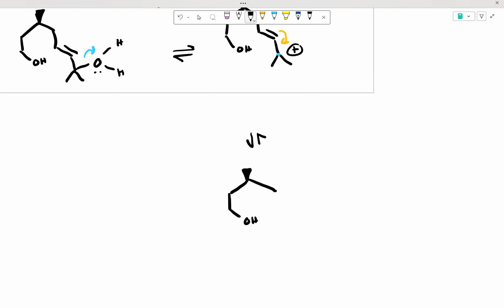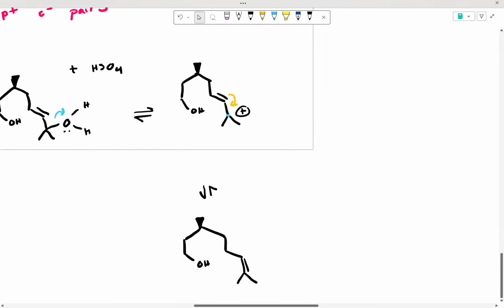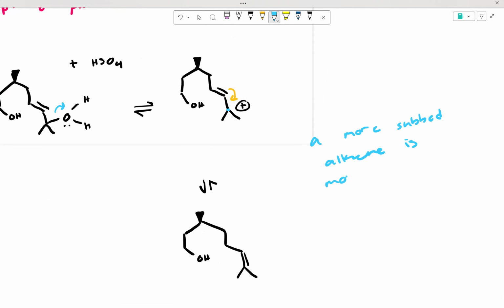Let me draw it first. This is kind of like, I believe, a 1,2 hydride shift. Because let's recall the stability of alkenes. A more substituted alkene is more stable.